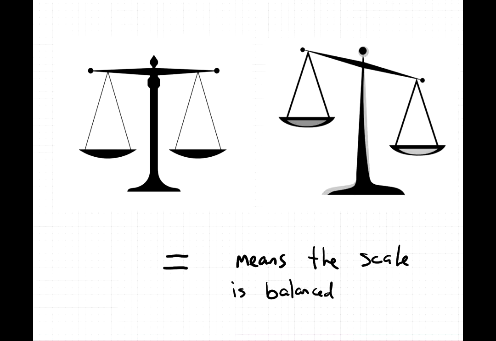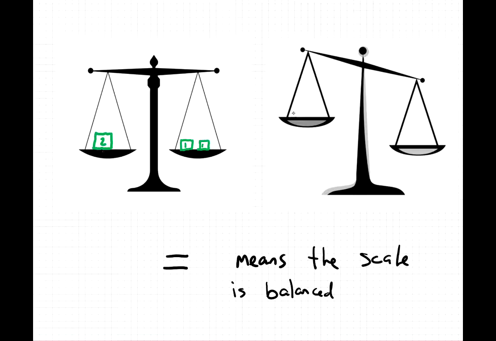And so let's say we start off with, I don't know, 2 pounds on the left-hand side and 2 pounds on the right. Now they don't have to look the same, so let's say there are 2 1-pound weights on the right. So even though the left-hand side and the right-hand side don't look exactly the same, they both weigh the same, so the scale is balanced.